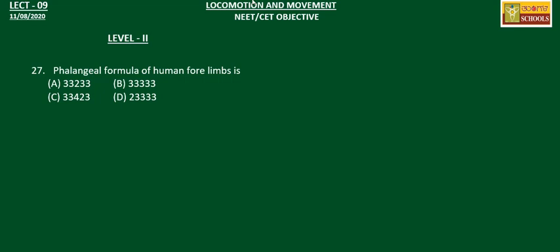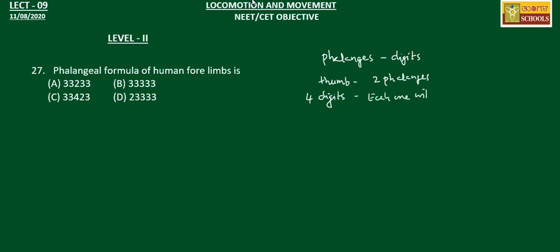So here the phalanges are digits, and we have 5 digits, and the first one is the thumb. In the thumb we have 2 phalanges, and the remaining 4 digits each have 3 bones.